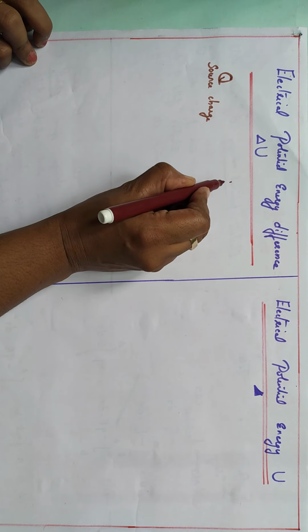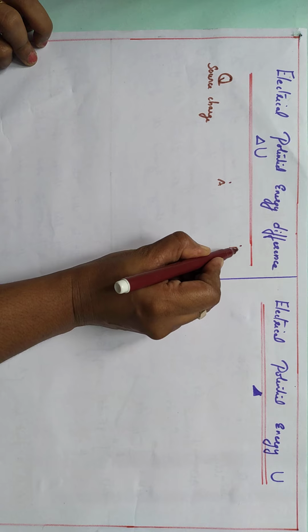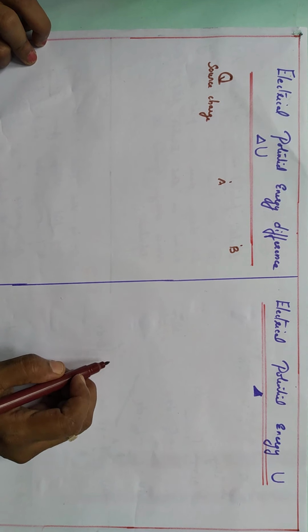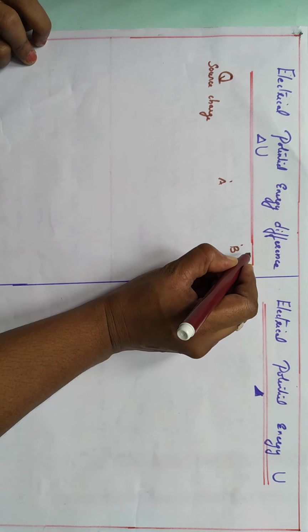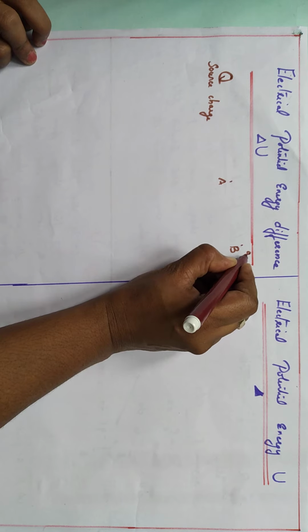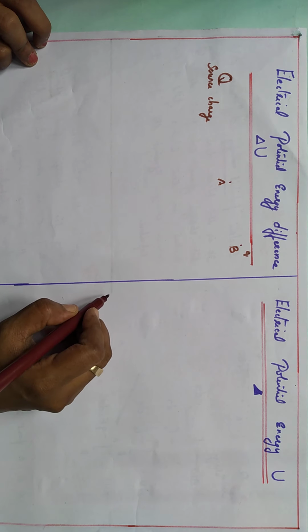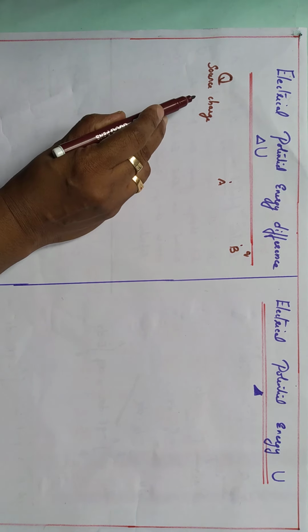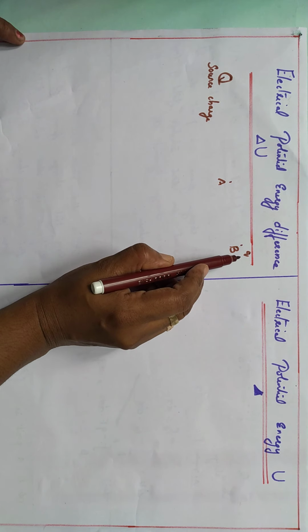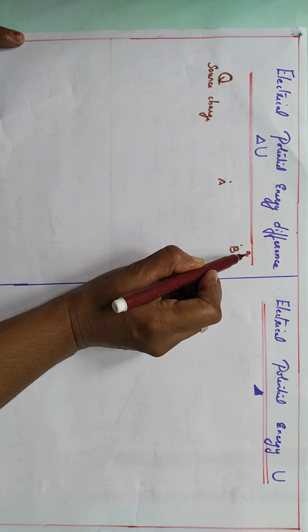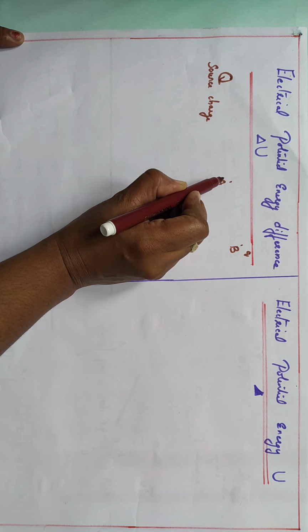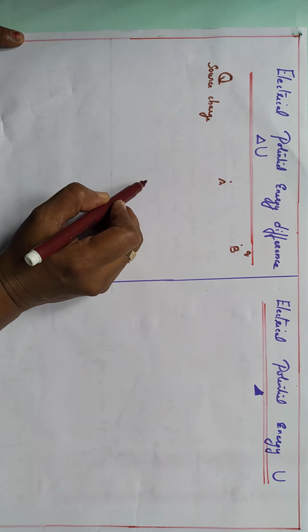And consider two points A and B in the electric field of this source charge, and assume a test charge small q is placed at the point B. So what is there in between the source charge and this test charge? There is a force of repulsion. So in order to move this test charge towards the point A, we have to do some work.